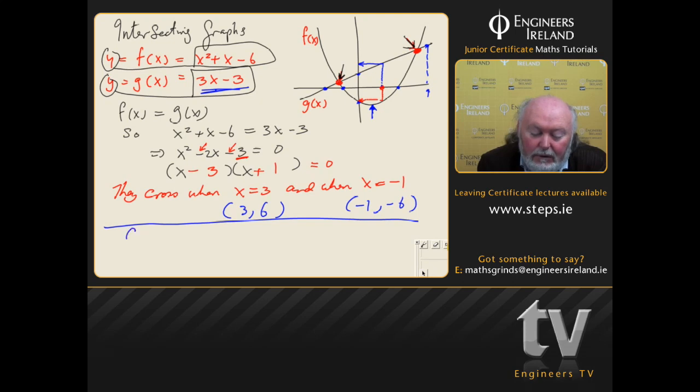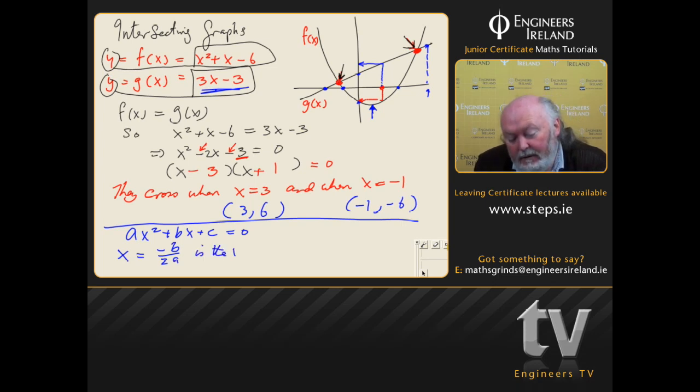We know for this quadratic equation that x equals minus b over 2a is the value that gives a max or minimum. So let's deal with that one up here.